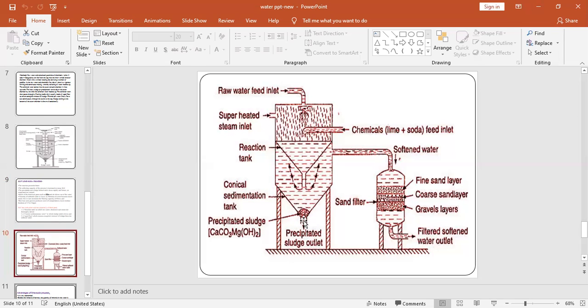The precipitated sludge is removed from the bottom of the tank, and the purified water is then passed through the sand filter, in which it passes through a fine sand layer, then a coarse sand layer, then a gravel layer. After that, the filtered softened water is the outlet.